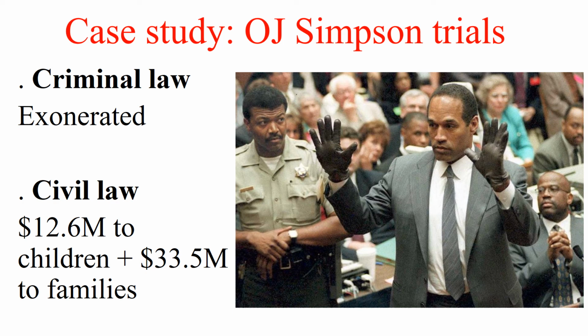But in the following civil lawsuit filed against him by the families of the victims, he was found guilty, and he was made to pay $12.6 million to the children of Nicole Brown, Mr. Simpson's ex-wife, and $33.5 million to the families of both victims.